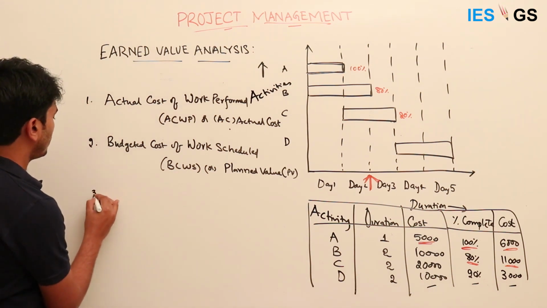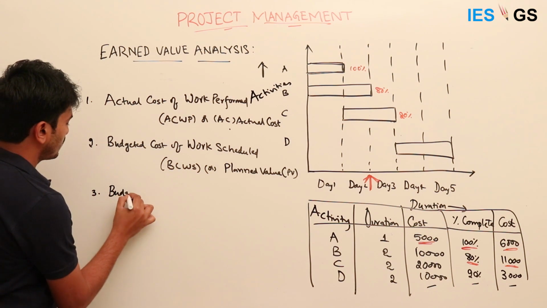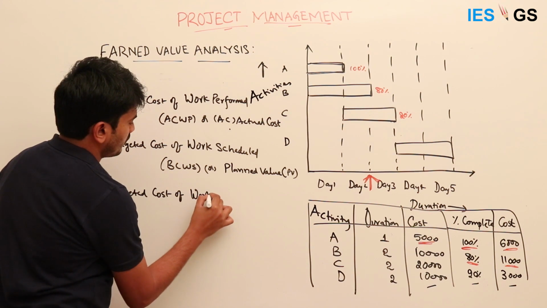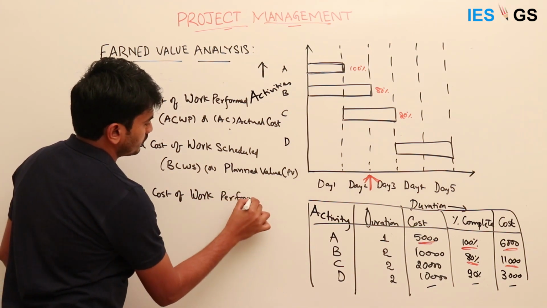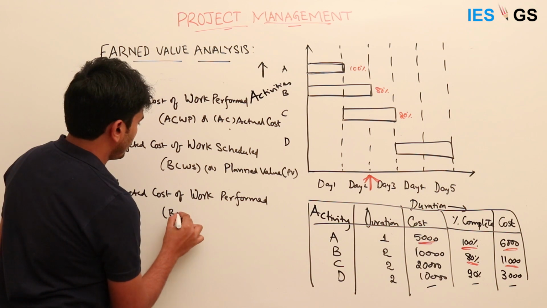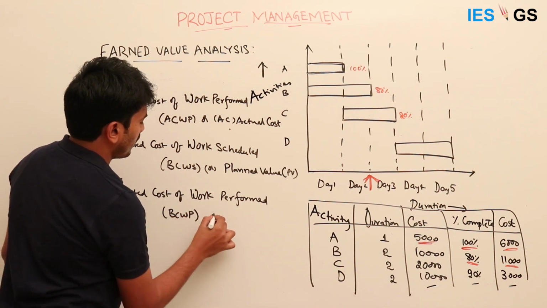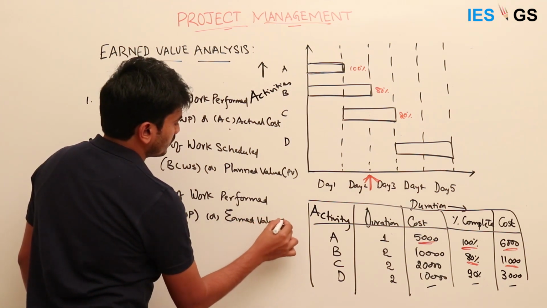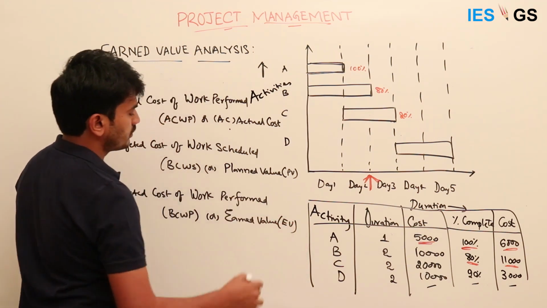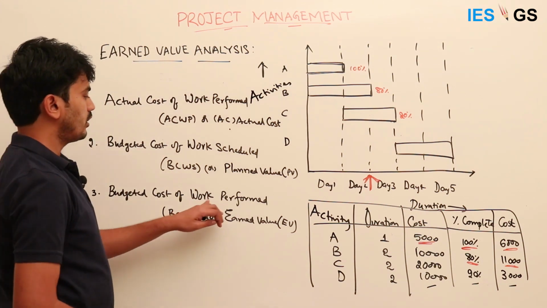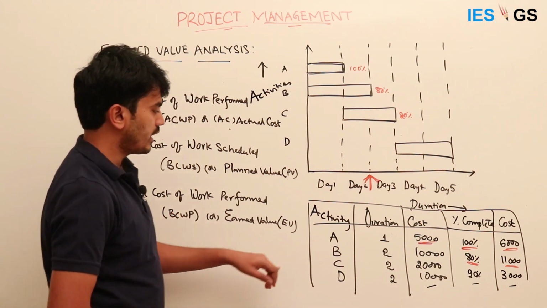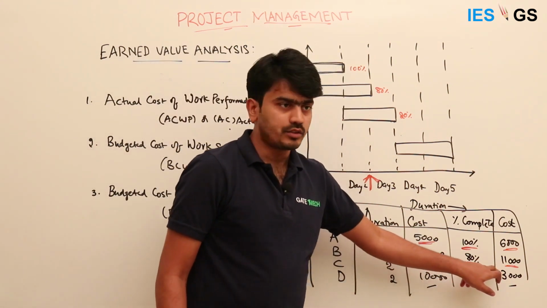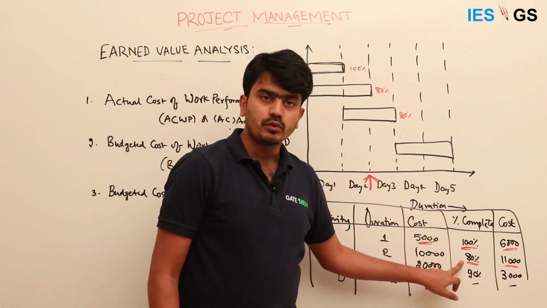And the third one is budgeted cost of work performed. This is BCWP, or it is also called earned value, EV. You can see for activity B, the actual cost is 11,000, but the work performed is only 80%.